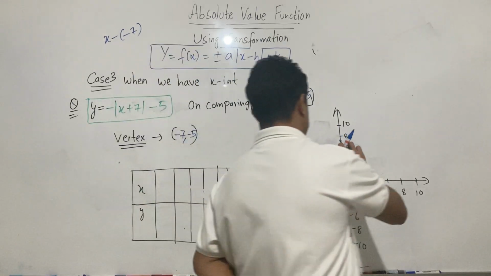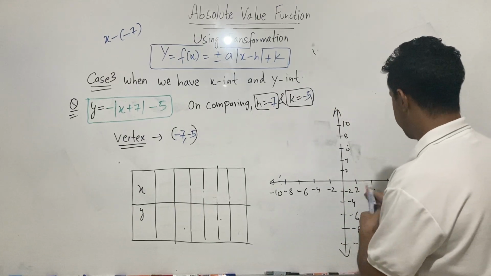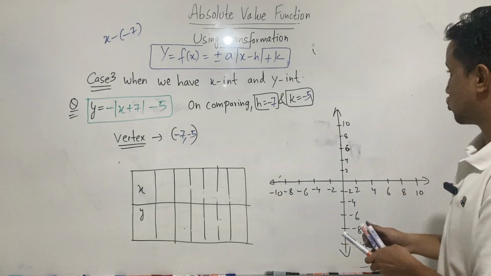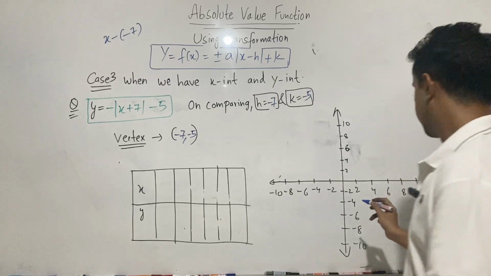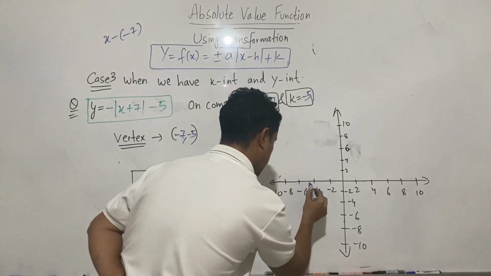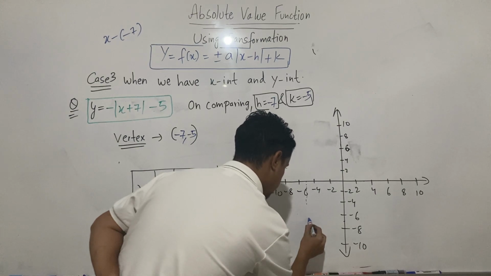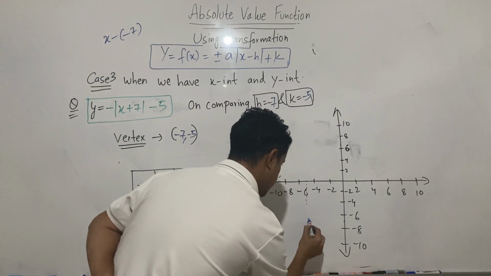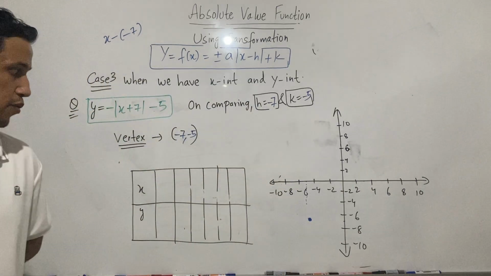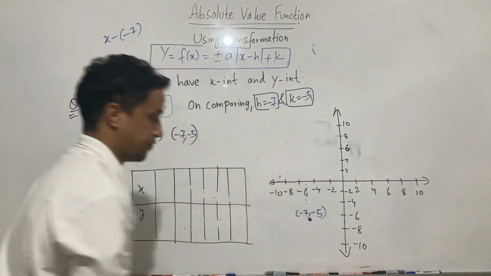It means my vertex is going to be at minus 7, minus 5. Yes, here, this point.